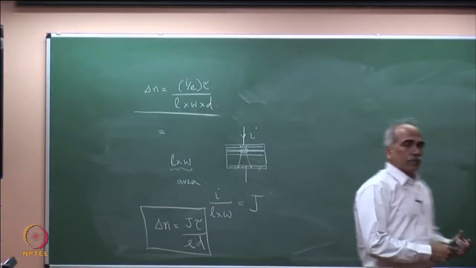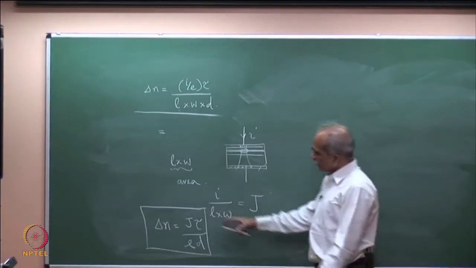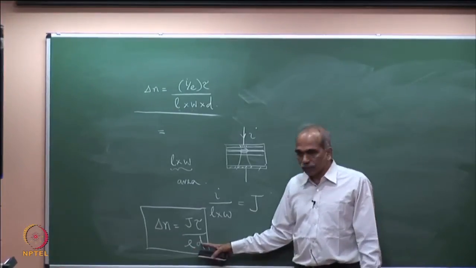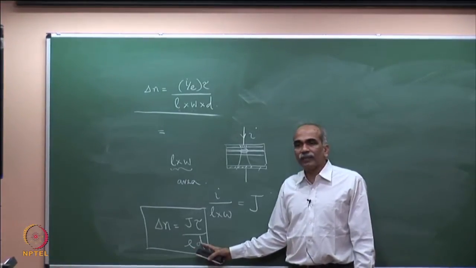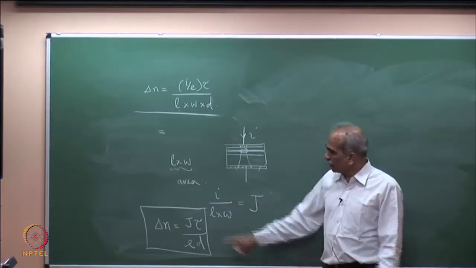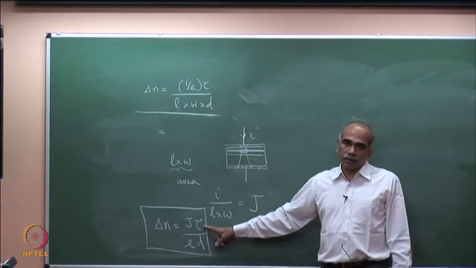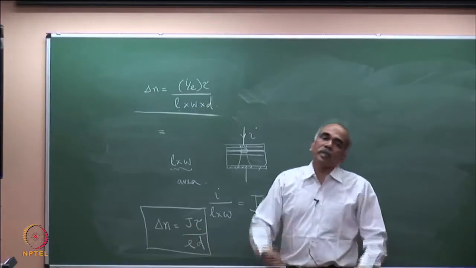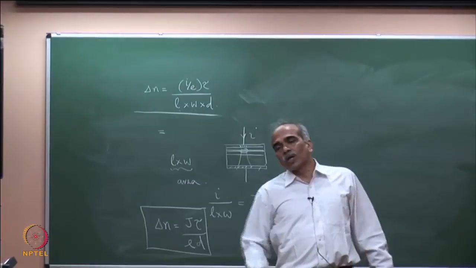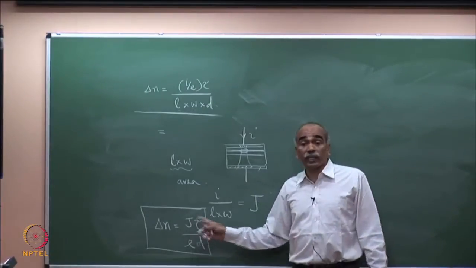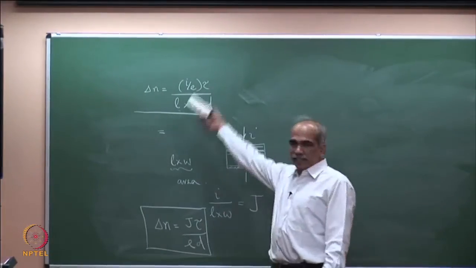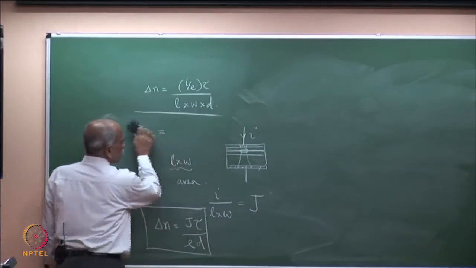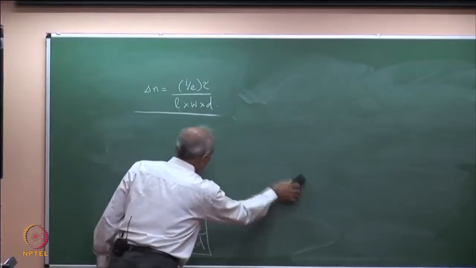Delta n is equal to J tau by E into D. D is the thickness of the double heterostructure active layer, tau is the excess carrier recombination time, and J is the current density, because when we go to semiconductor lasers you will see that it is normally discussed in terms of J, the current density. That expression has come right from here. So, we will use this expression directly later when we get to it.